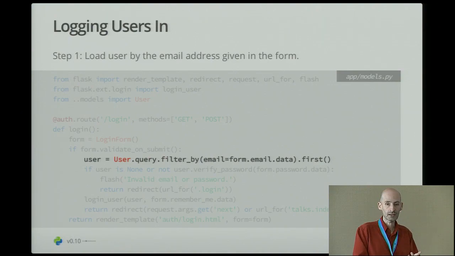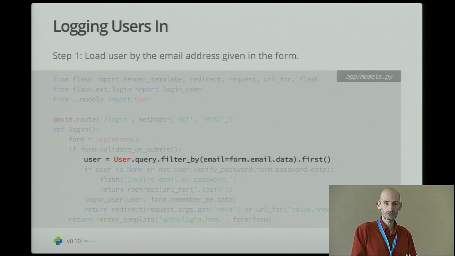So what do we do with that? We start by loading the user. And for that, we need to use a database query. We need to load the user by email because that's what we have. So User.query is the query object from SQLAlchemy.